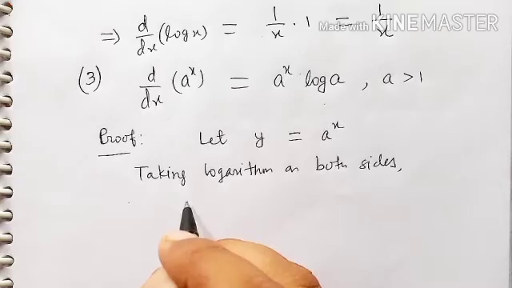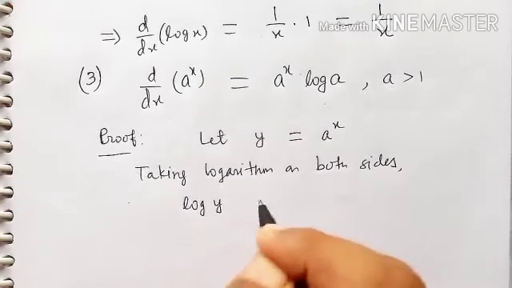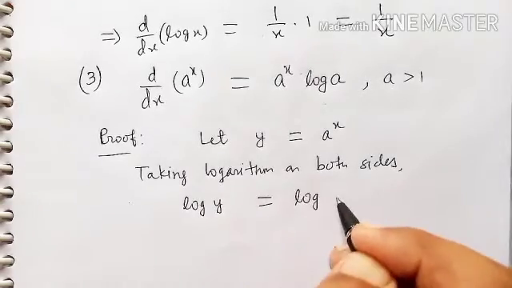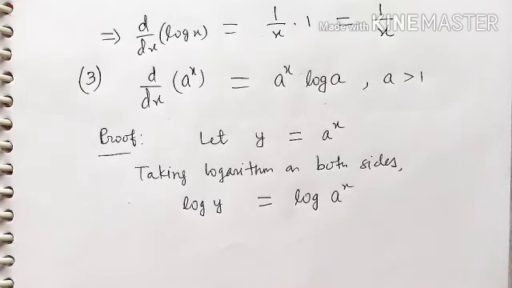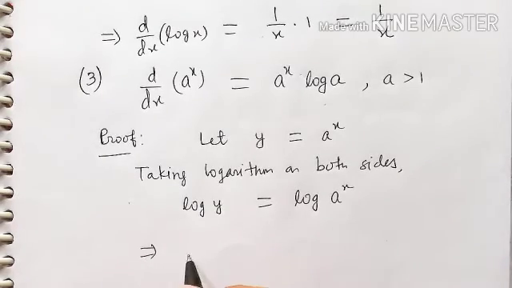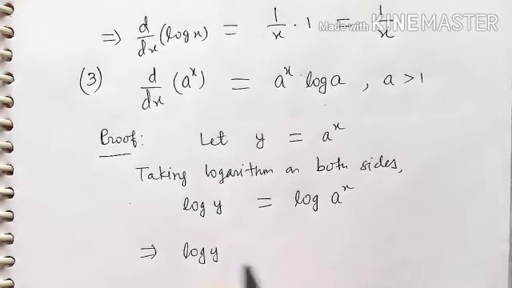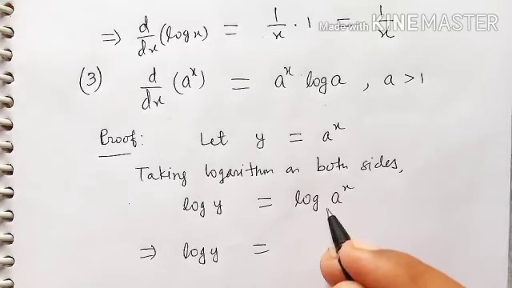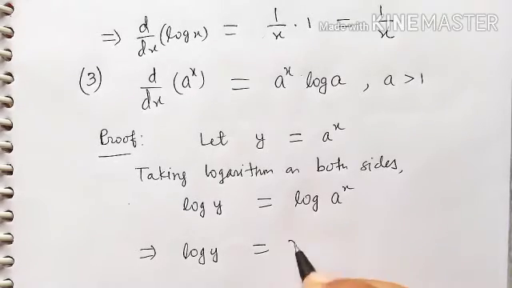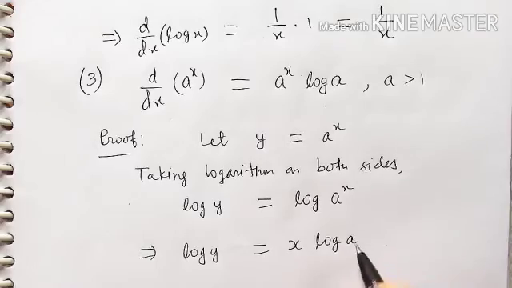We have log y is equal to log of a to the power x. Here we apply the power rule, then x comes before. Now log y is equal to x log a.